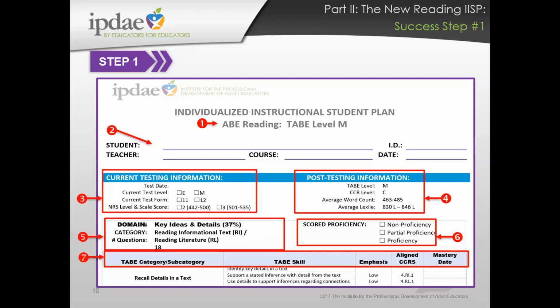Now, section number 3, current testing information, refers to the student's pre-test information. Here, you will write the date that the student took the pre-test, the level, the test form, and finally, the corresponding NRS level score with the correlated scale score range. So you input all the information in this section based on the student's individual profile report.